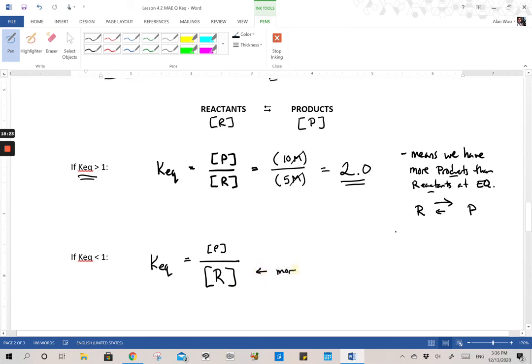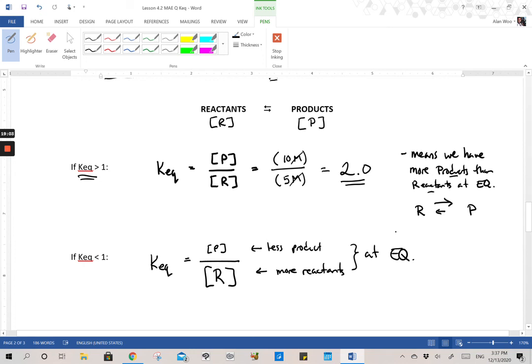So more reactants, less product at equilibrium. That's what a KEQ less than 1 means. So just to summarize the two, if KEQ is bigger than 1, it means that you have more products than reactants at equilibrium. And if KEQ is less than 1, you have more reactants and less products at equilibrium.